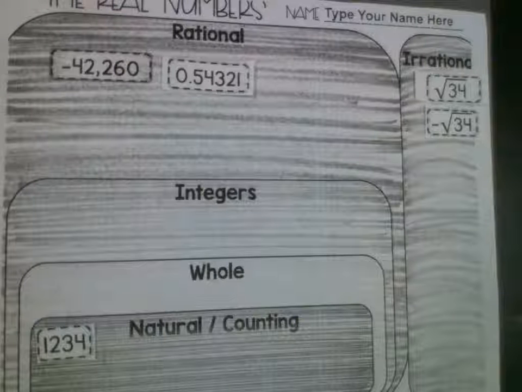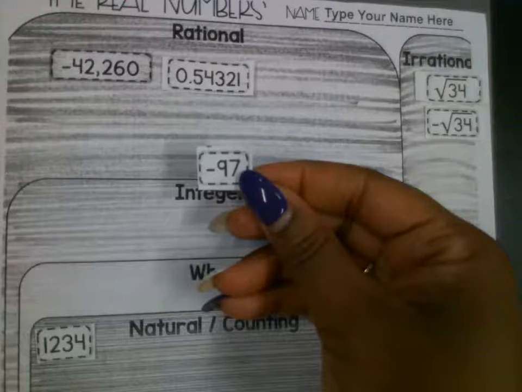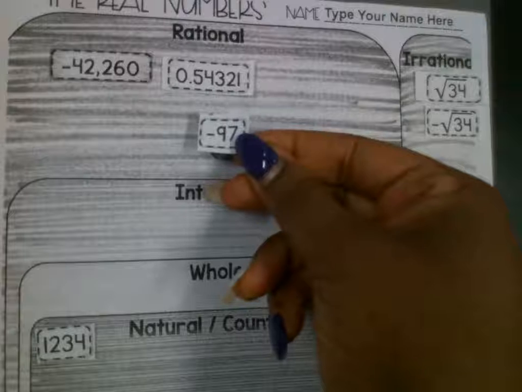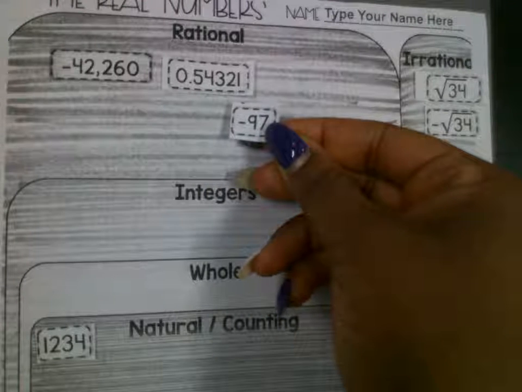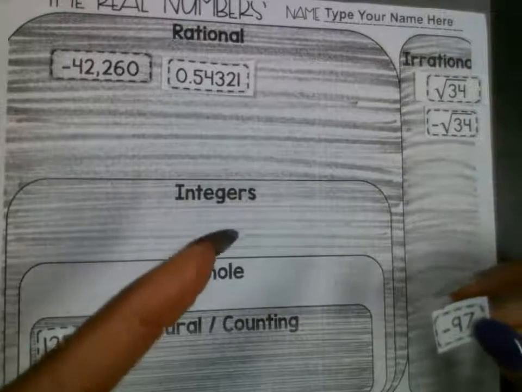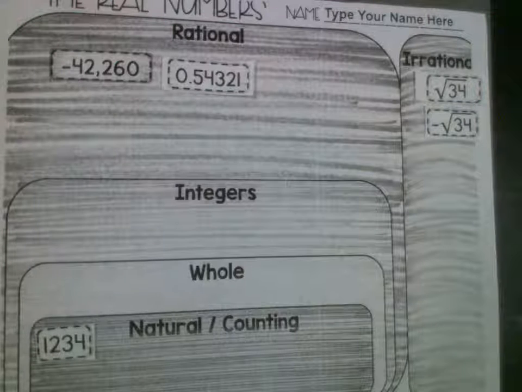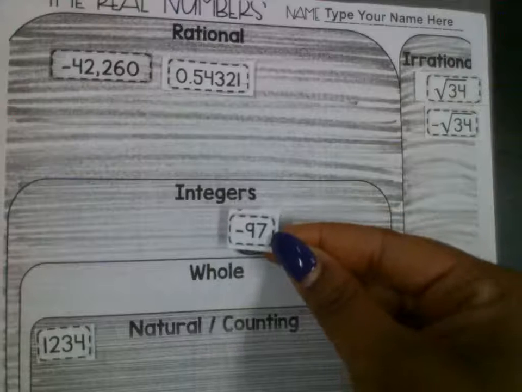The next number, negative 97. Is that rational or is that irrational? It's very rational. You can write this as a fraction, okay? Remember, there are only 3 types of irrational numbers: pi, non-perfect roots, and those decimals that have the dots at the end, okay? All right, is this an integer?